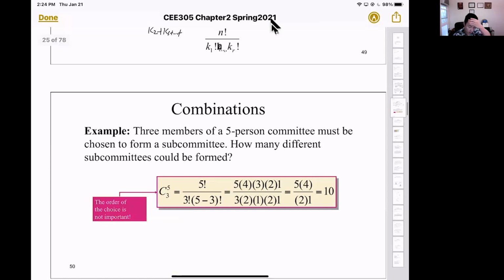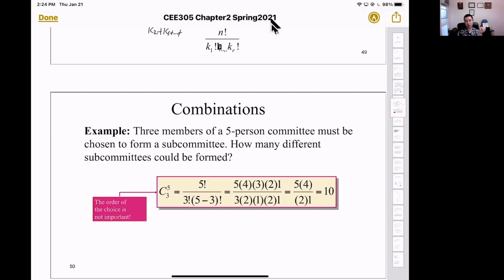In this example, 3 members of a 5-person committee must be chosen to form a subcommittee. How many different subcommittees could be formed? In this case, we still pick 3 persons from a group of 5, so it's similar to the lifeguard situation. But the difference from the lifeguard example is that the order does not matter.